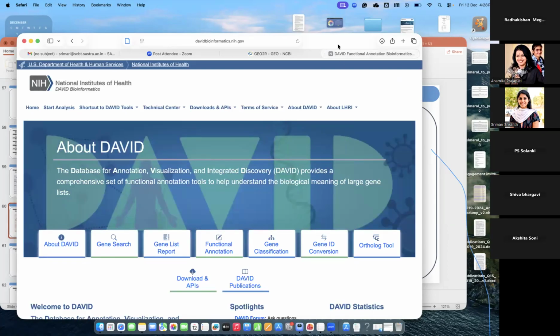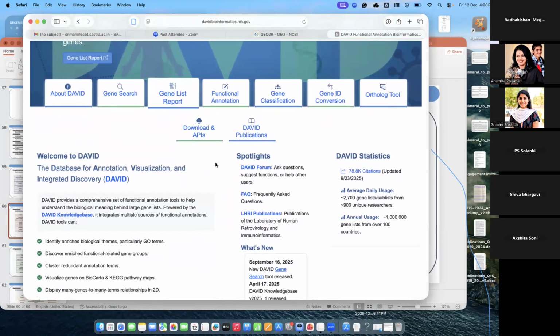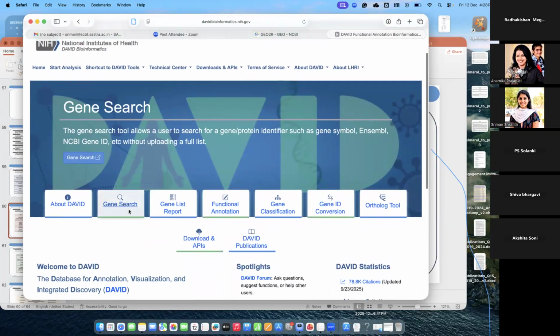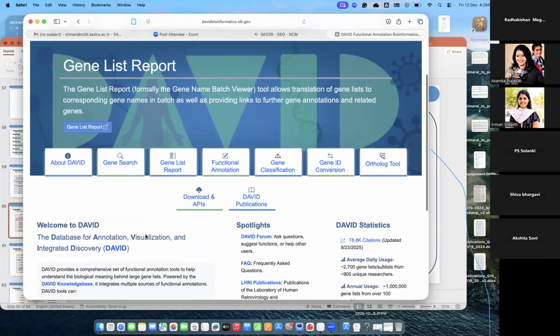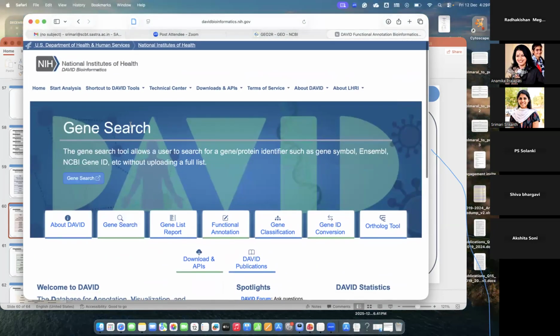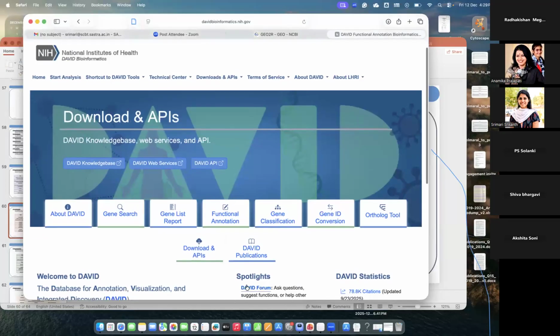If we know the set of genes, what functional data we can derive, we can use the DAVID tool. We can either search by a single gene or a list of genes. We can use this DAVID tool as a database of annotation.